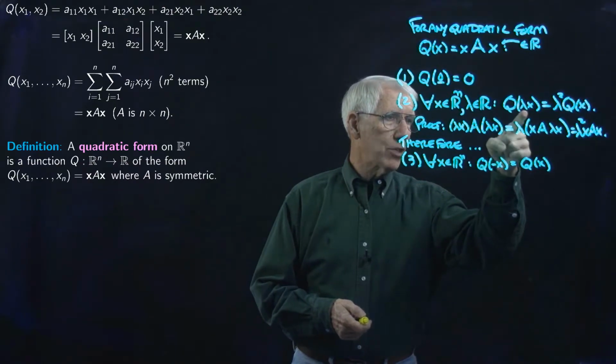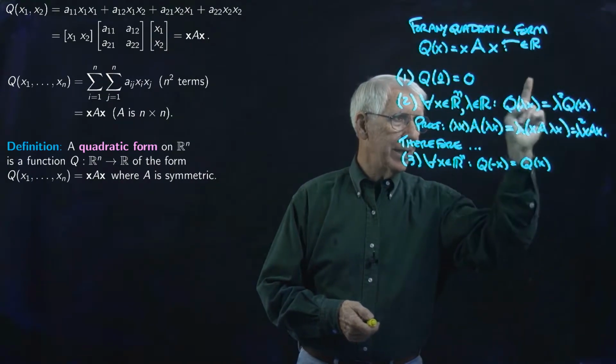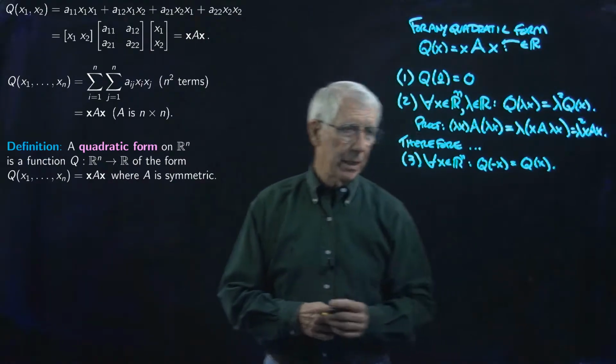So I would have minus 1 in here. Q of minus 1 times x is minus 1 squared times Q of x. Minus 1 squared is 1. So that follows immediately.